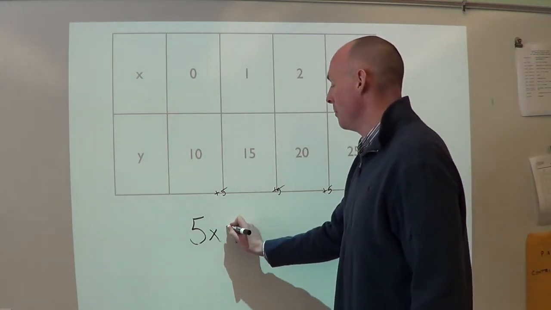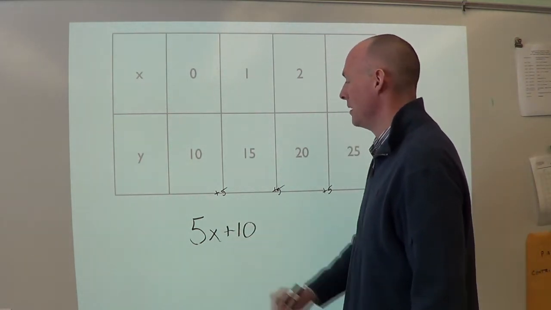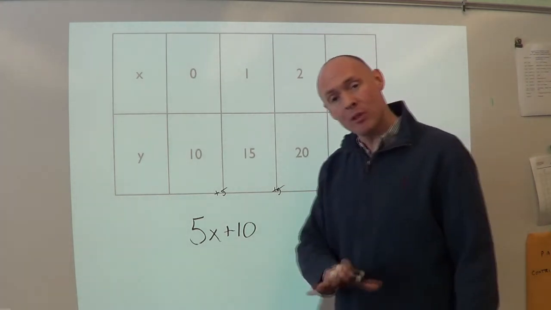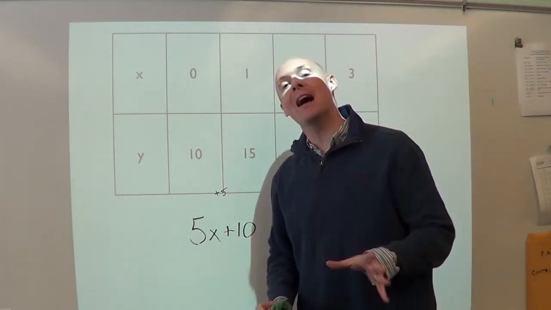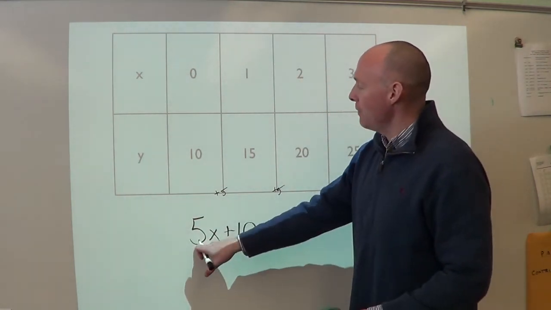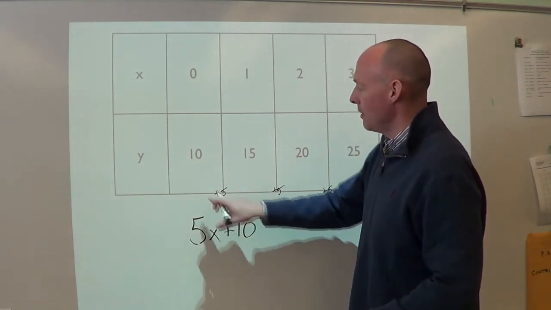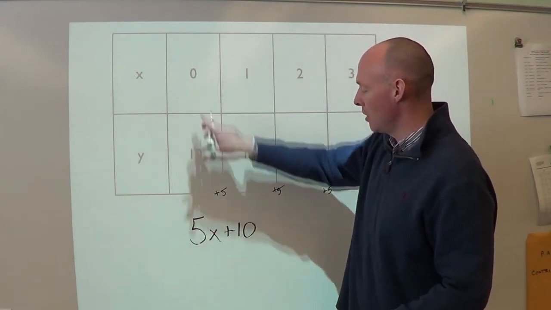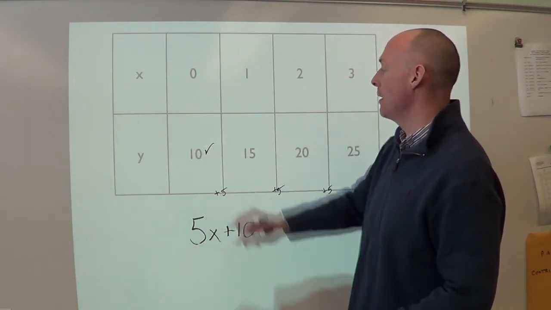5x plus 10. I think, right now we're just going to guess and check, and we'll revise if we have to, but let's just see if this one works. 5 times x plus 10. Well, 5 times 0 is 0, plus 10. Ooh, that does equal 10.